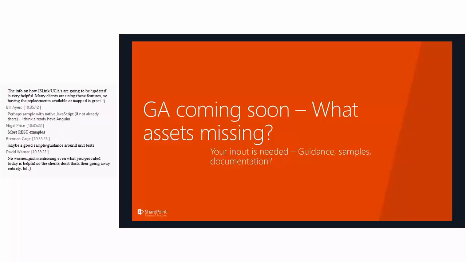Perhaps a sample with native JavaScript, if not already there. I think we already have Angular. We do have native samples without any framework, also for CRUD operations. More REST examples, yes, and that's a fair point. We've been trying to address the REST API documentation internally.